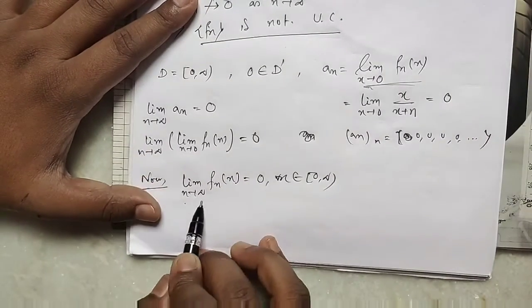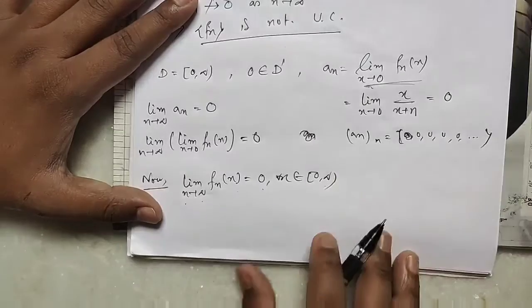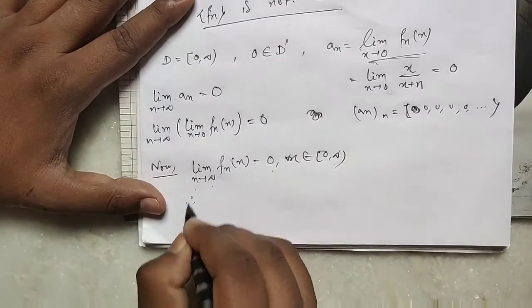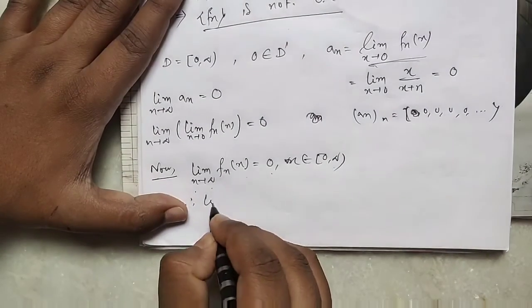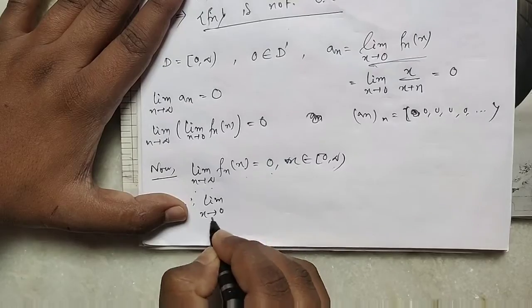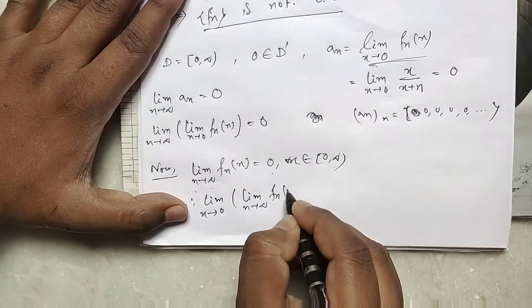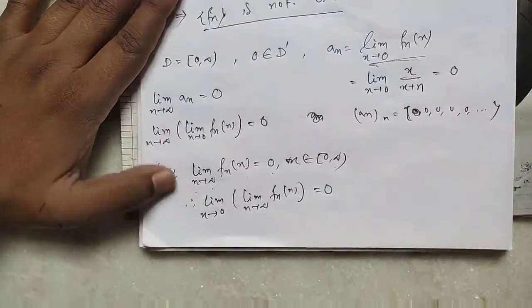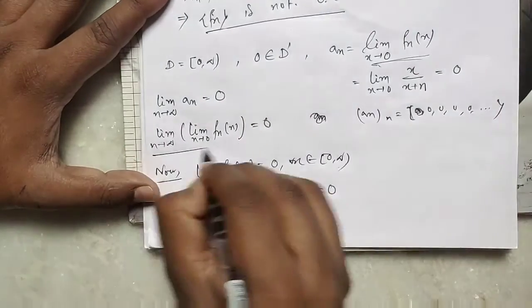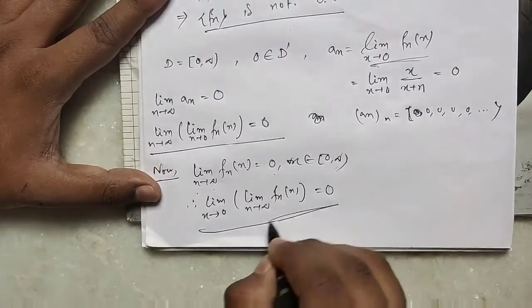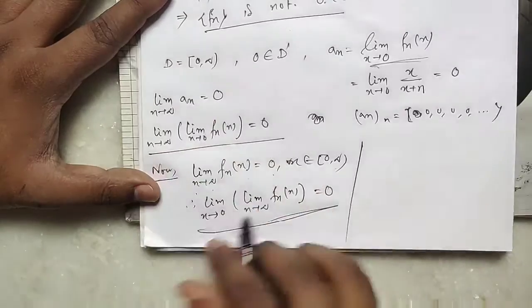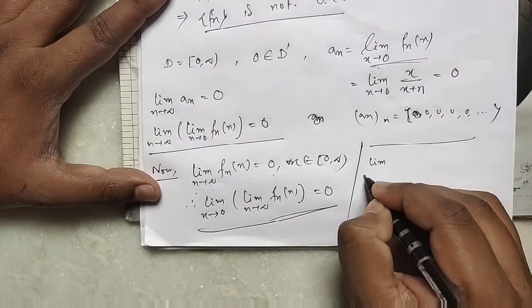Therefore the limit as x tends to 0 of the limit as n tends to infinity of fn(x) is also 0. So these two limits are equal.